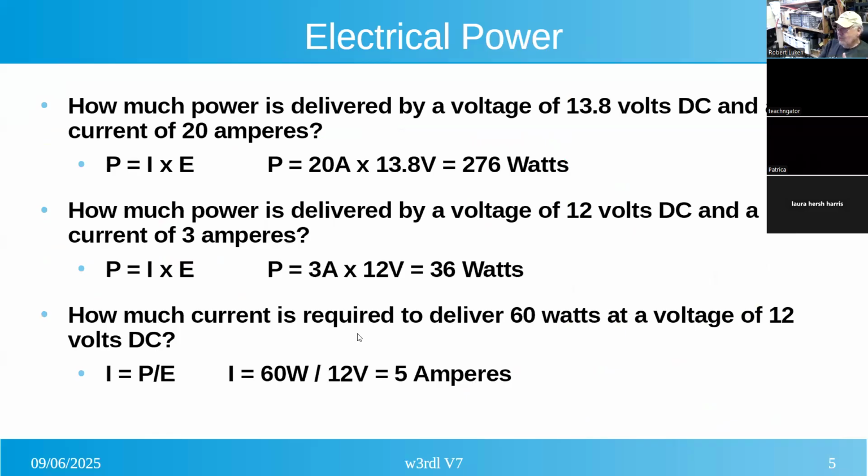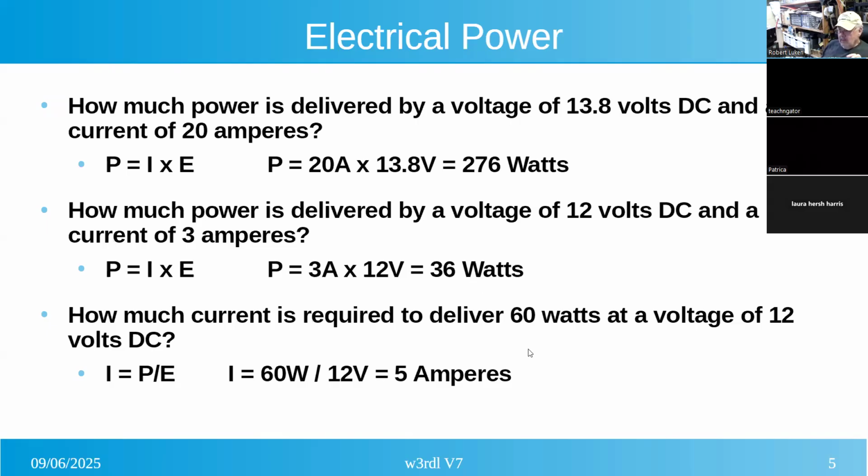So, some example questions, because there will be real ones like these. How much power is delivered by a voltage of 13.8 volts and a current of 20 amperes? So it would just be the current times the voltage, or 276 watts. If we have 12 volts and a current of 3 amperes, it's 36 watts.